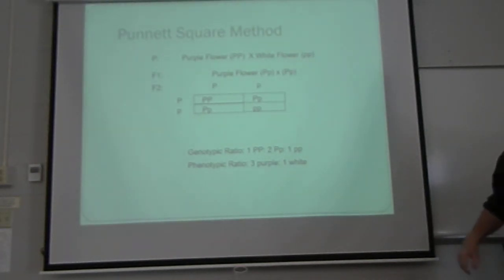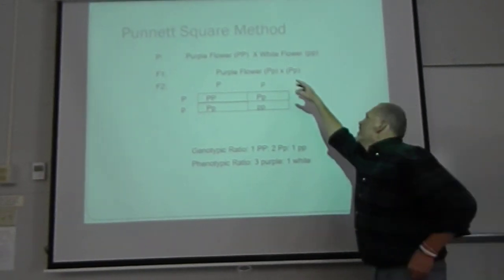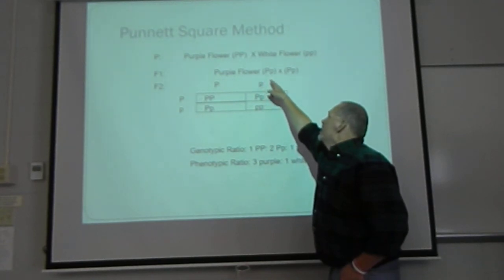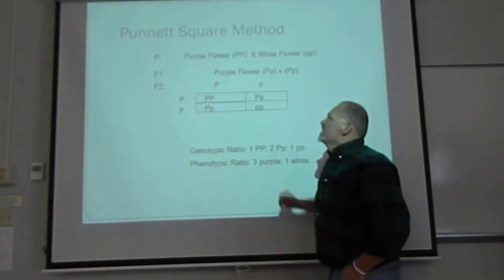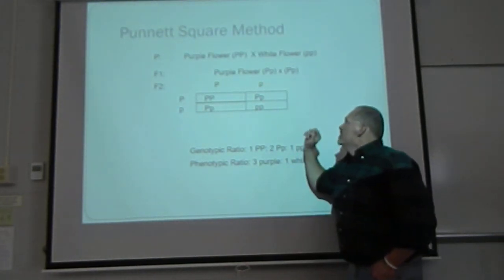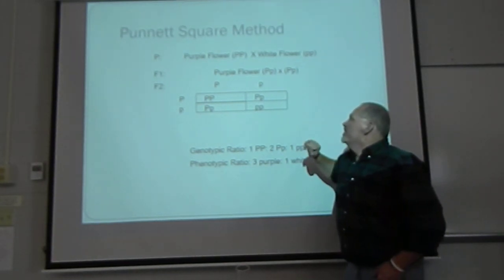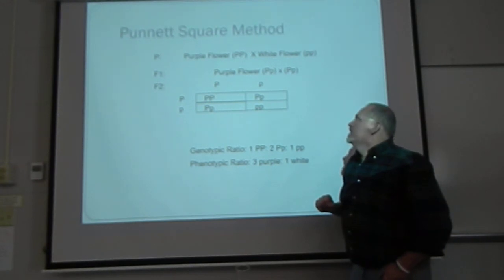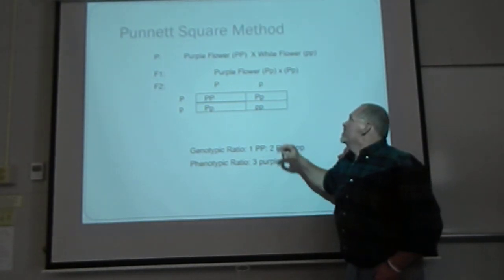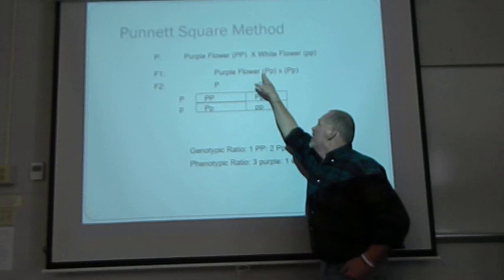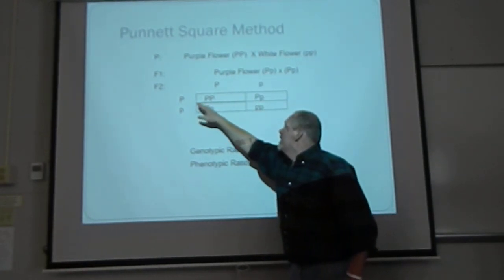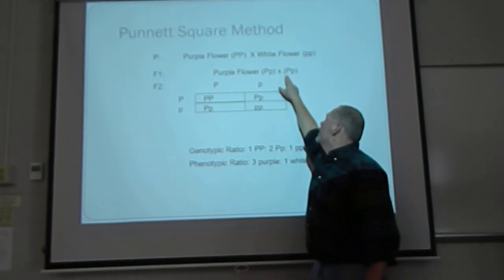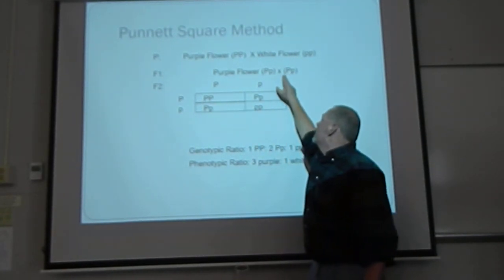But to use it, what you do is you took your true bred parents, you got these heterozygous individuals in the first generation. So you take these 2 individuals and line up what alleles they can produce. This one can give a big P and a little p. Over here, this one can give a big P and a little p.